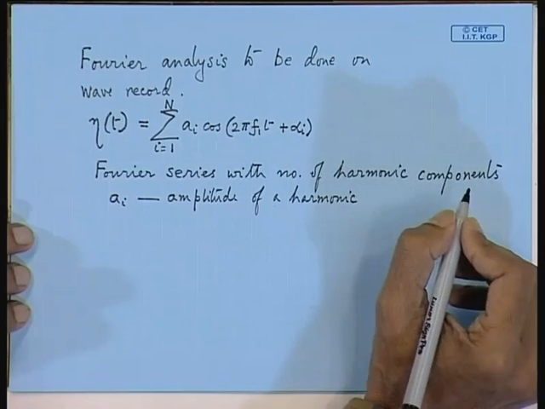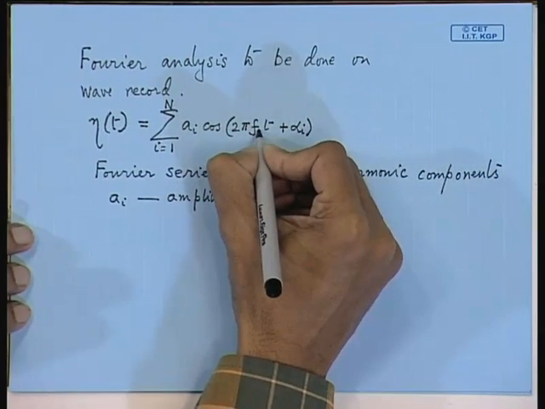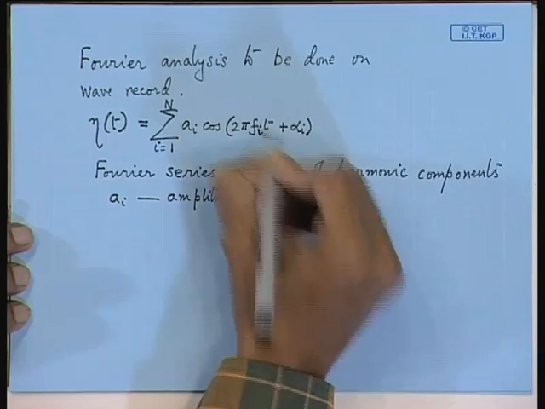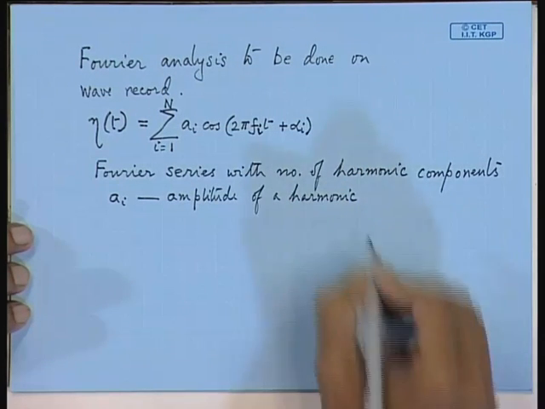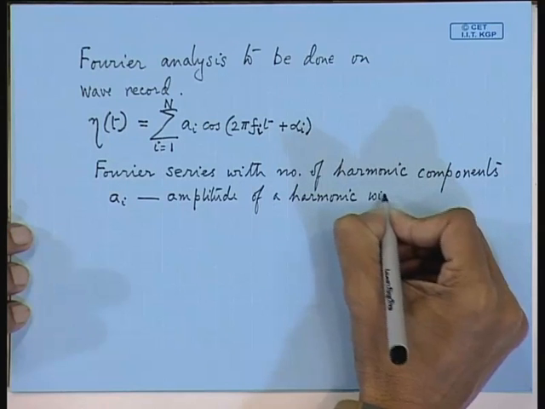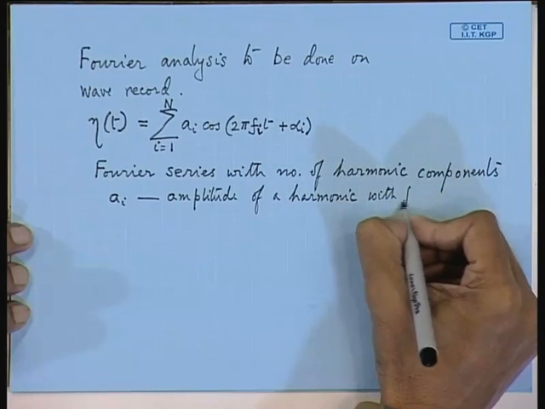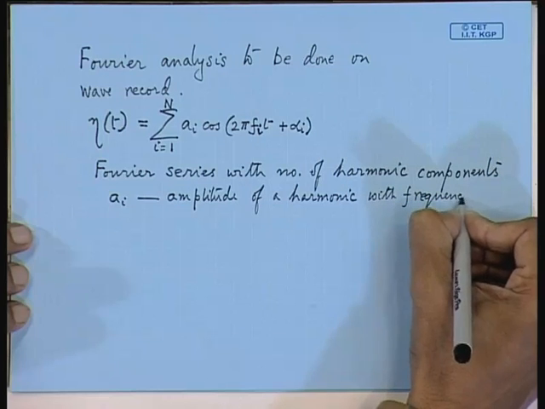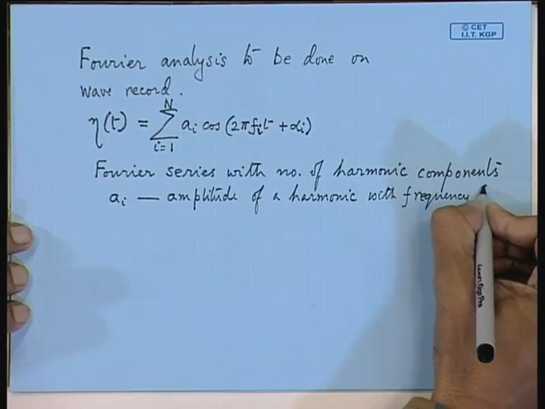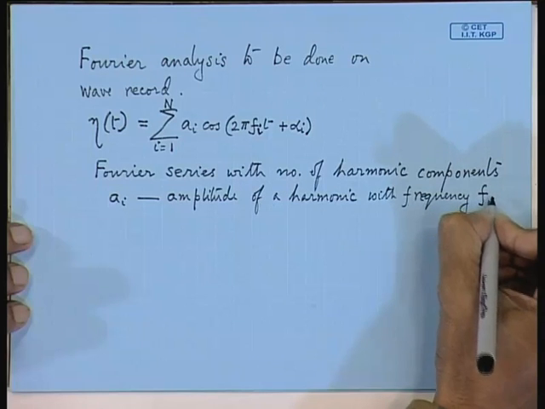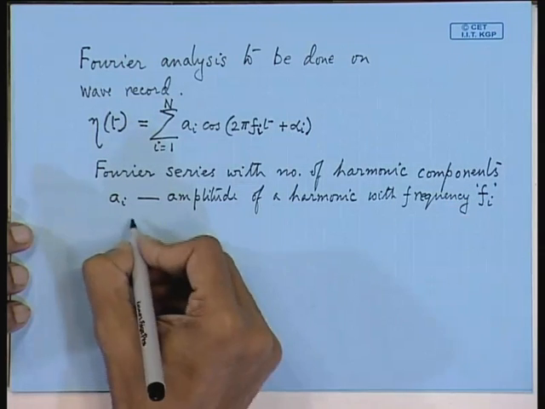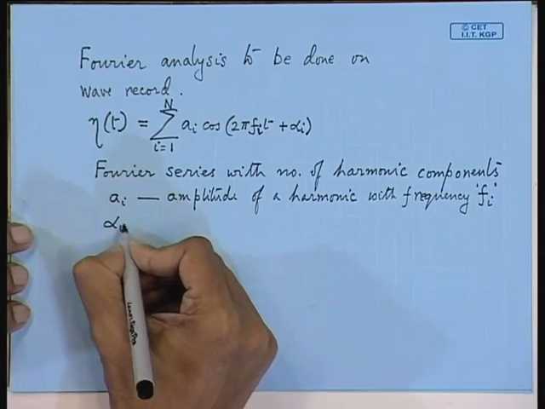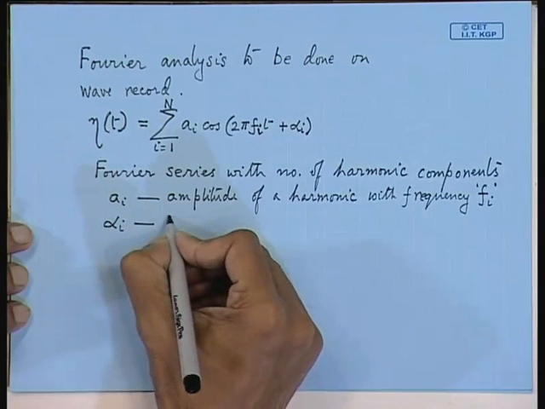What is your frequency? This is not F1, you write this as Fi. So, your harmonic will have a certain frequency, and what else? It should have a phase angle.